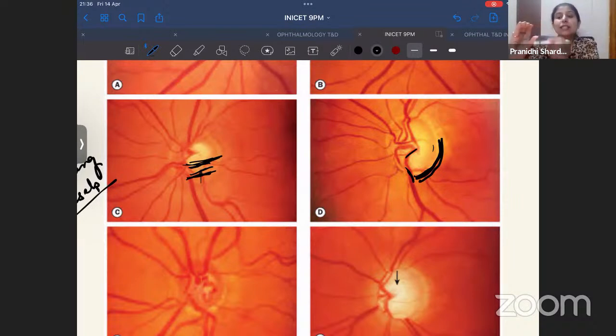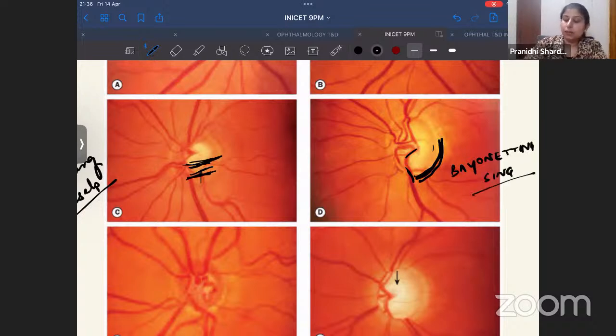So whenever the vessels come out of it, they will take a sharp bend at the margin because of its increased curvature. This is known as the bayoneting sign.